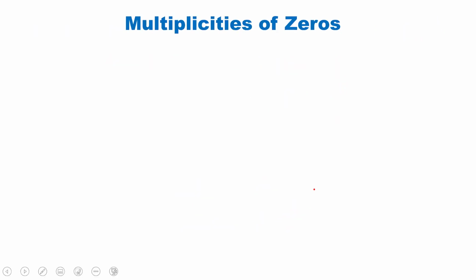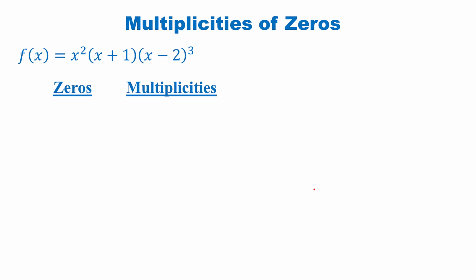Okay, now multiplicities. These are another important thing we need to know when we're graphing polynomials. So f of x equals x squared times x plus 1 times x minus 2 cubed. We want to find the zeros and their multiplicities. So think about, if I set f of x equal to 0, what would be my solutions? Well, we could start by looking at what if x equals 0.